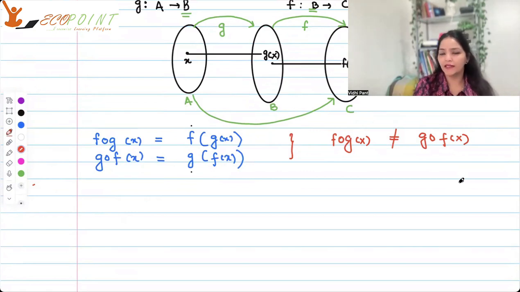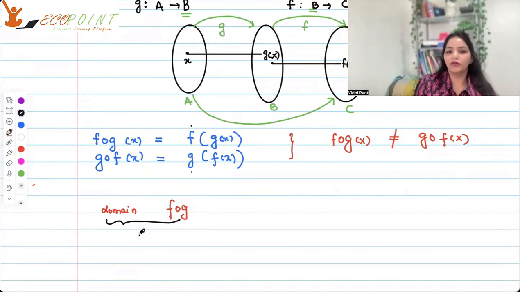The next thing that you must understand here is the domain for any composition. So suppose I'm taking the scenario that I've given to you. I'm looking at f of g. When you talk about domain, you are talking about the x's, right? So what kind of x can I take for f of g so that I get a meaningful result?